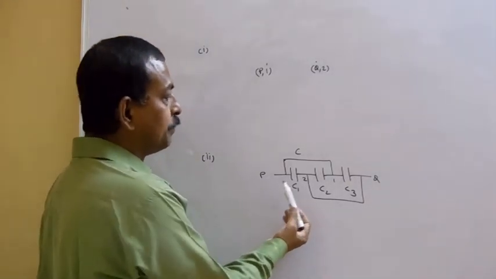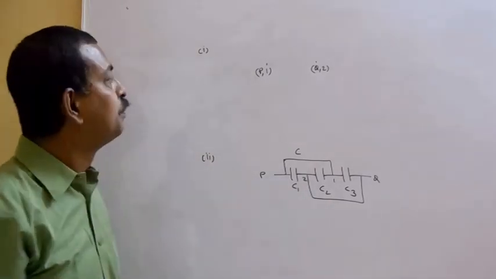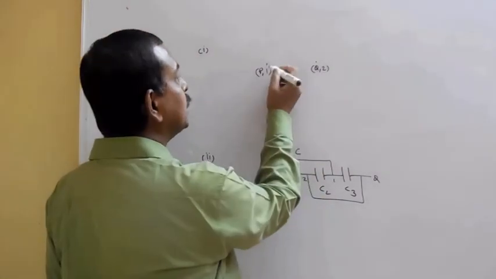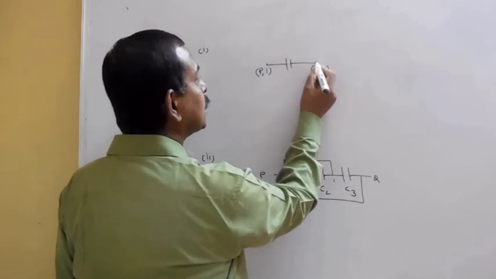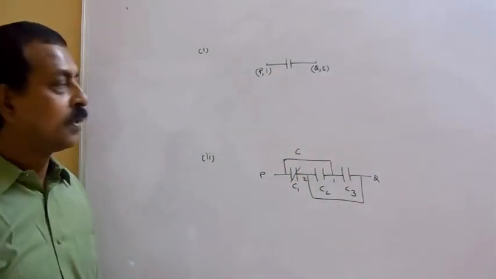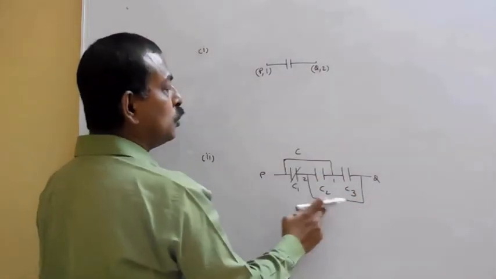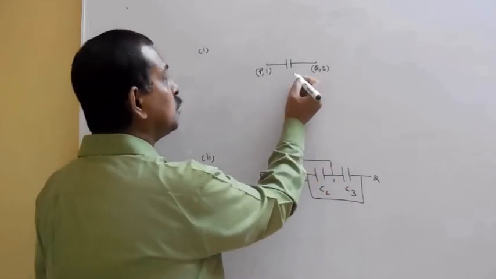Now, C1 is basically connected between point P and 2. P is here, 2 is here. So we can represent this capacitor. Between Q and 1, you have C3.